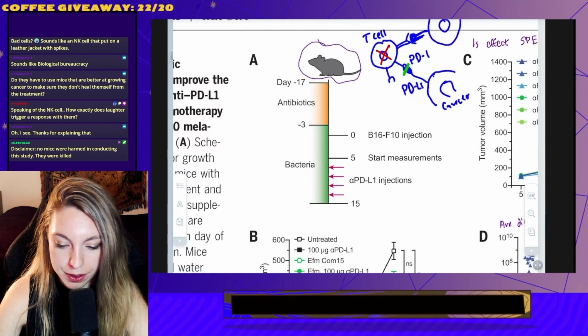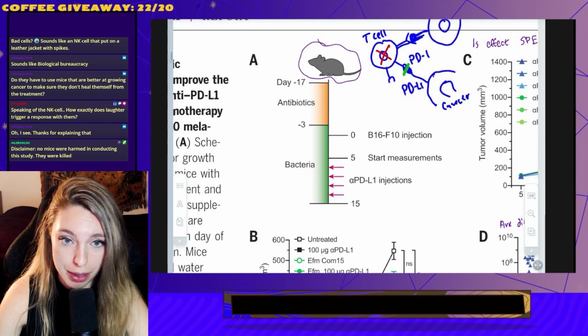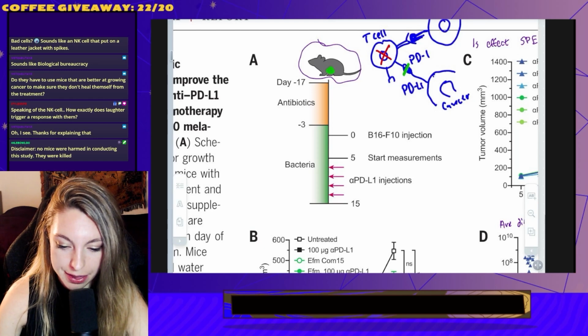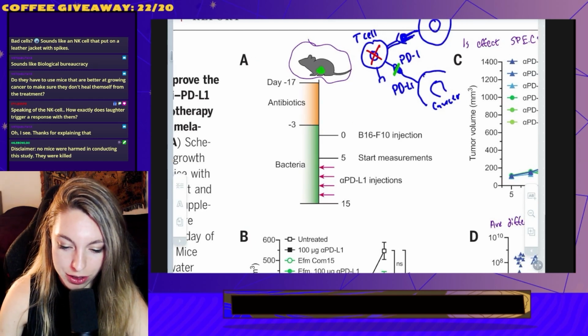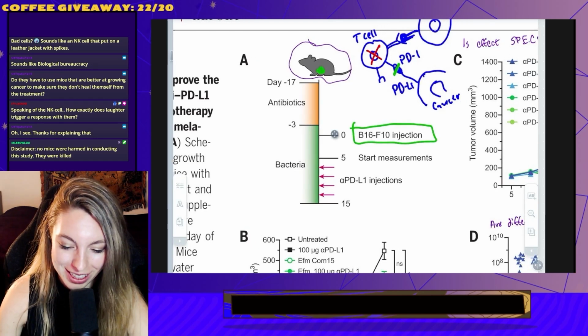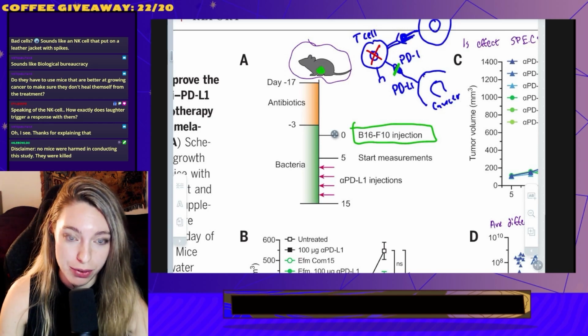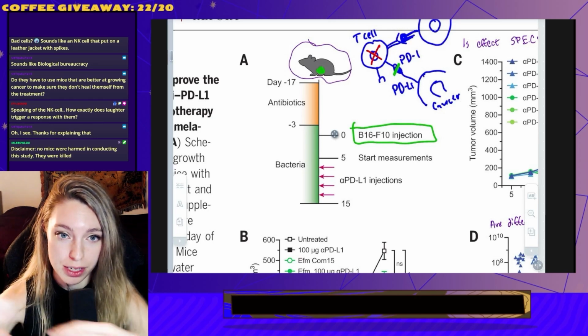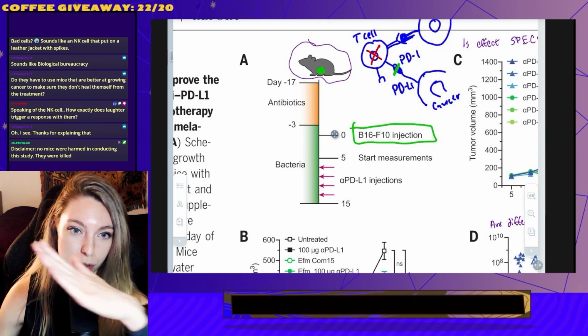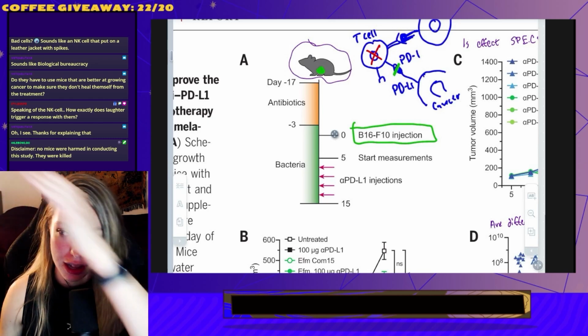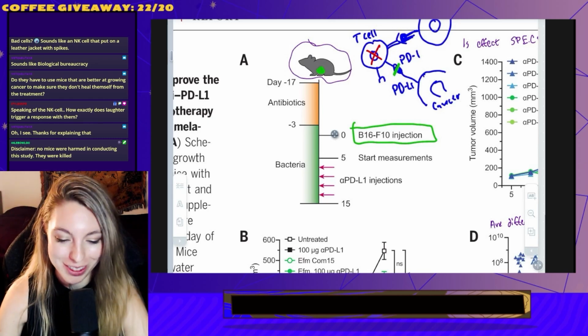So here, what they've done is they've taken the mouse, they give the mouse antibiotics to kill all of the microbes in its gut, and then they give the mouse cancer right here, and then they start measuring the tumors. So generally after you give a mouse cancer, you have to measure the tumor to see how the tumor grows. Tumors will grow kind of like in a big upward line. They get bigger with time, obviously.